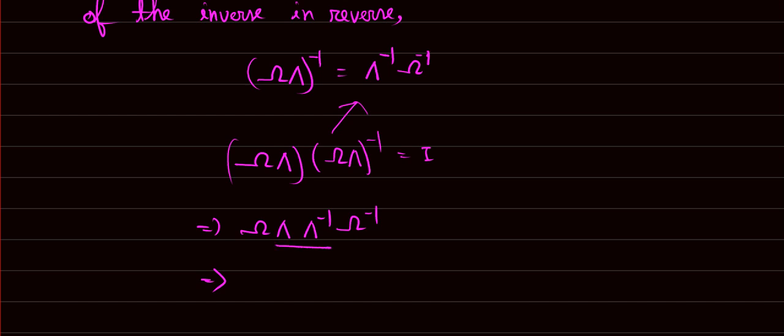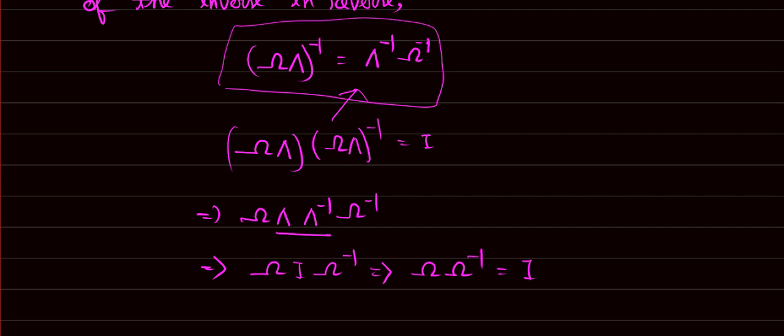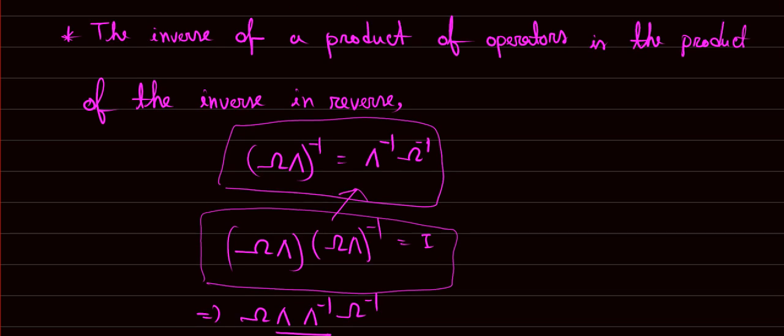So this product will give us I. As we know, I is an identity operator, so it does not change anything. So this will give us I. If we don't have this, we cannot prove this. That's why the inverse of a product of operators is the product of the inverses in reverse.